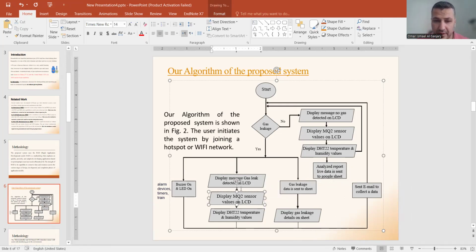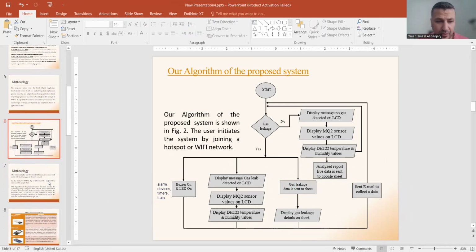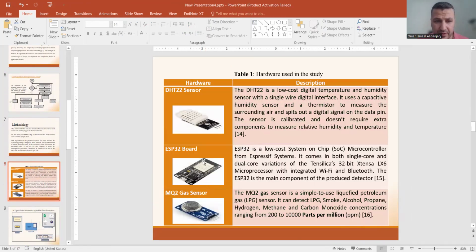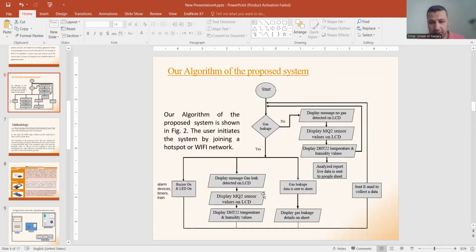After that, once it is finished, we have three types of sensors: the MQ sensor, the DHT sensor, and the ESP32 board, which also acts as a sensor. I'm going to explain them one by one once I reach those slides. Once the email is sent with the data, the users are going to fix the issues if anything happened.